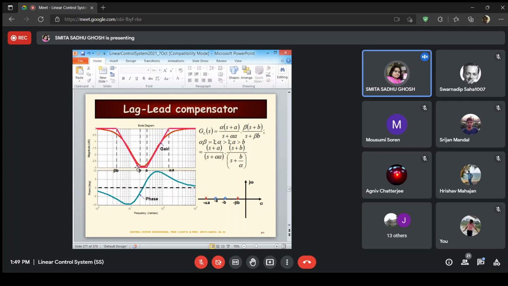Next, of course, you have the next corner frequency, which is B. B corresponds to a 0. So 0 means what? It is going to actually try to go up. Up means a positive, go to the positive side. Similarly, now the next one is again a 0. So it's going to go more up, and then finally the pole at alpha A is going to make it go down, and it's going to go to 0 degree.